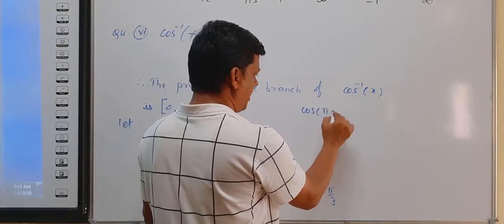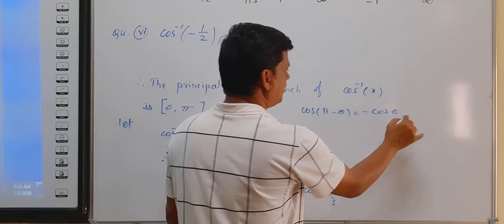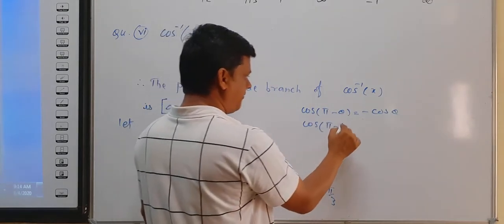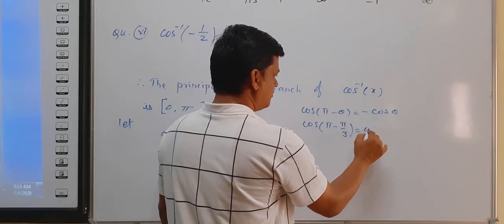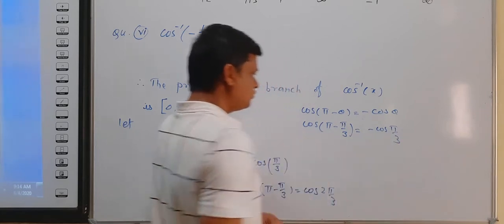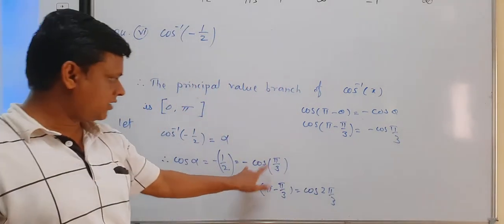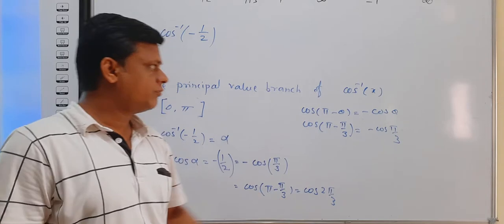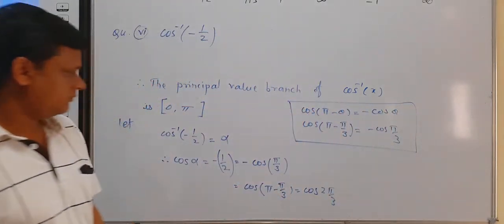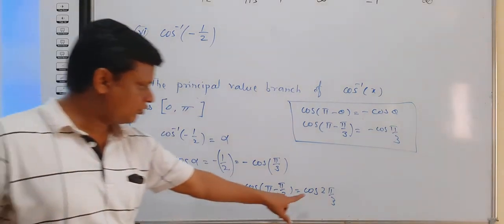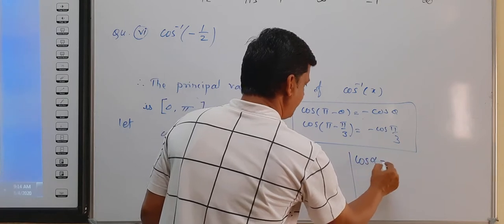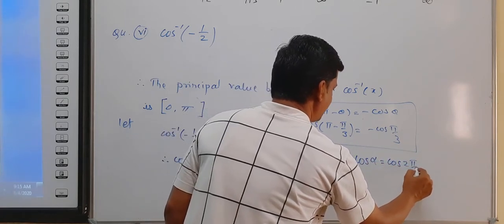Cos of pi minus theta equals minus cos theta. In this problem, in place of theta we have pi by 3. So we directly replace minus cos pi by 3 by cos 2 pi by 3. So cos alpha equals cos 2 pi by 3.